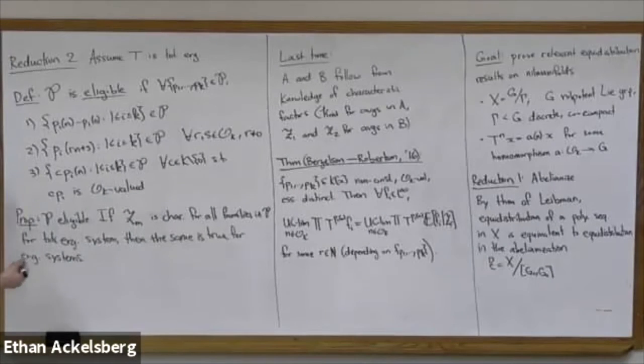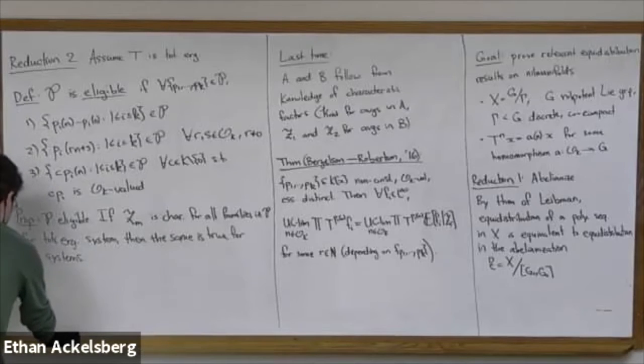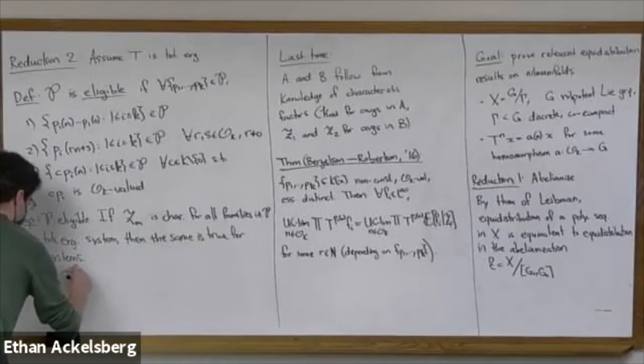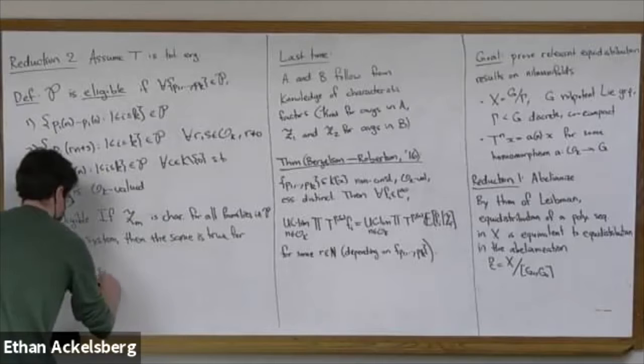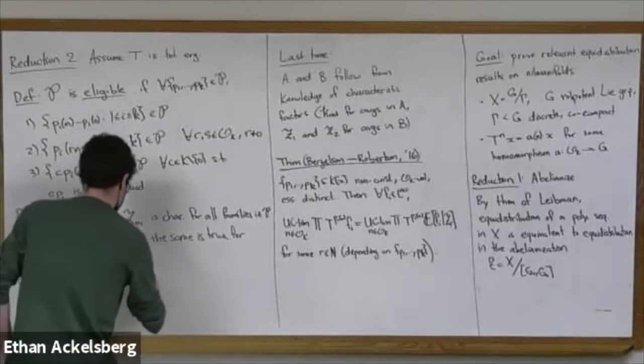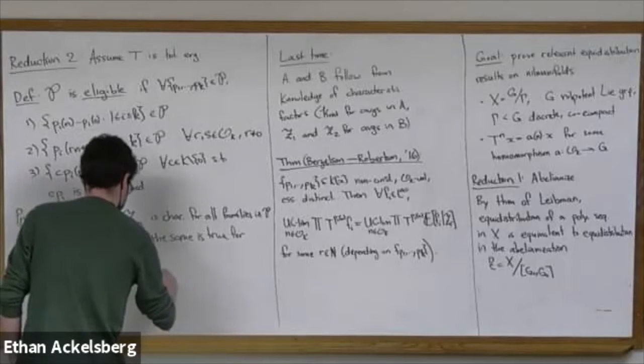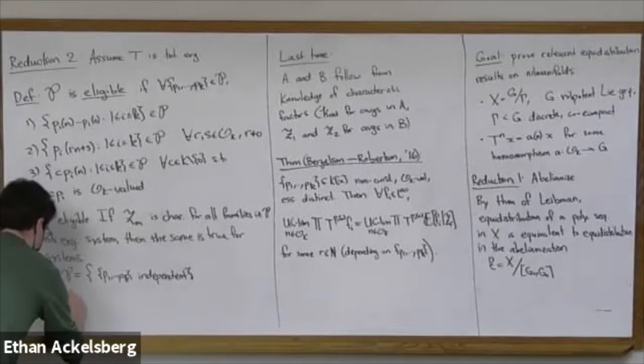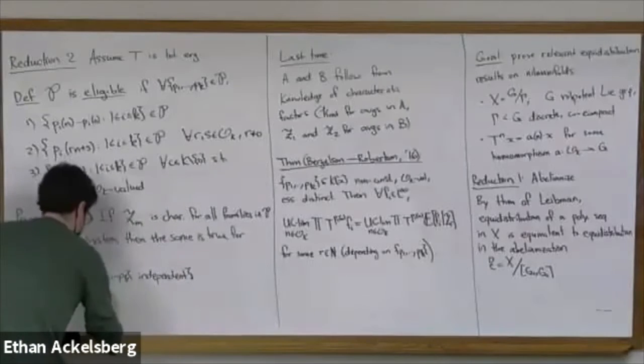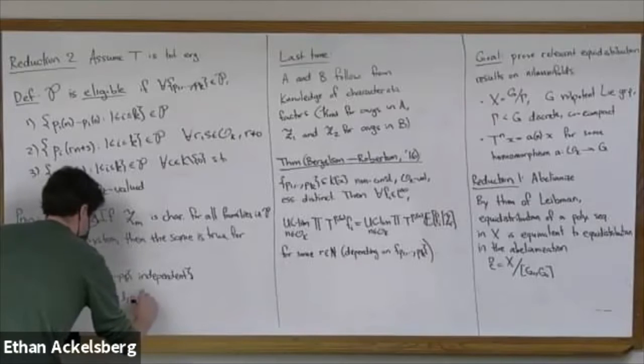Okay, and so I guess I should give examples of eligible families. The two relevant examples: we can look at the collection of all independent families. Or we could look at, say, a collection of multiples of a fixed polynomial.